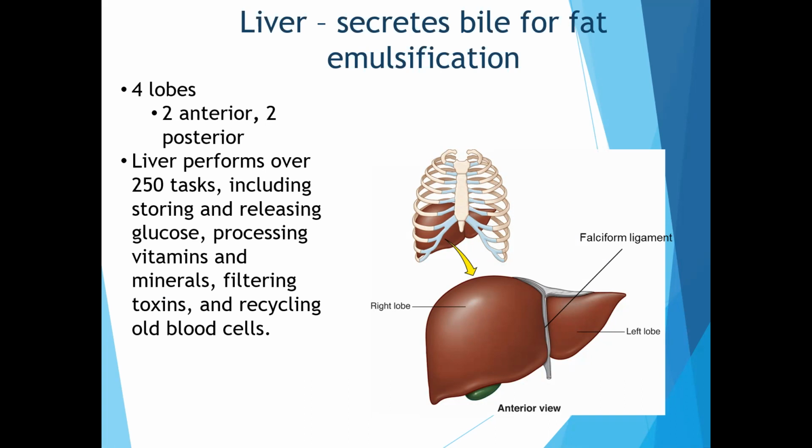We talked about it in our circulatory system chapter in terms of the hepatic portal vein circulation. We talked about it in the endocrine system chapter related to storing and releasing glucose. It also processes vitamins and minerals. It helps filter toxins, and between the liver and the spleen, we help recycle old blood cells.